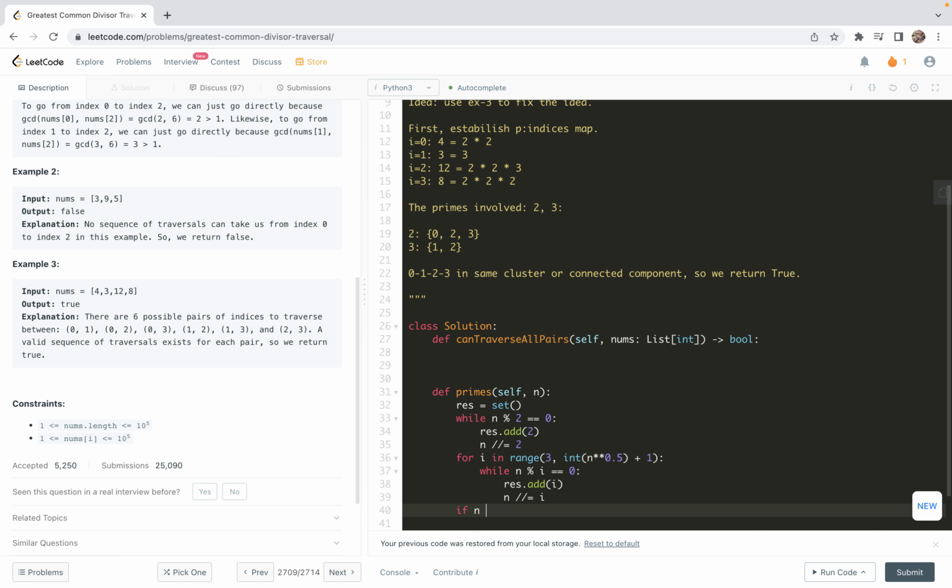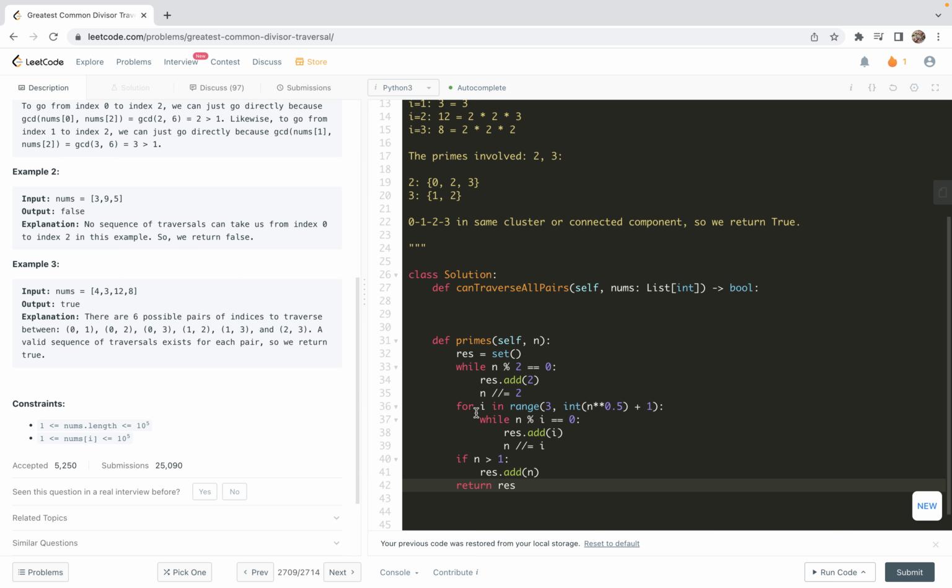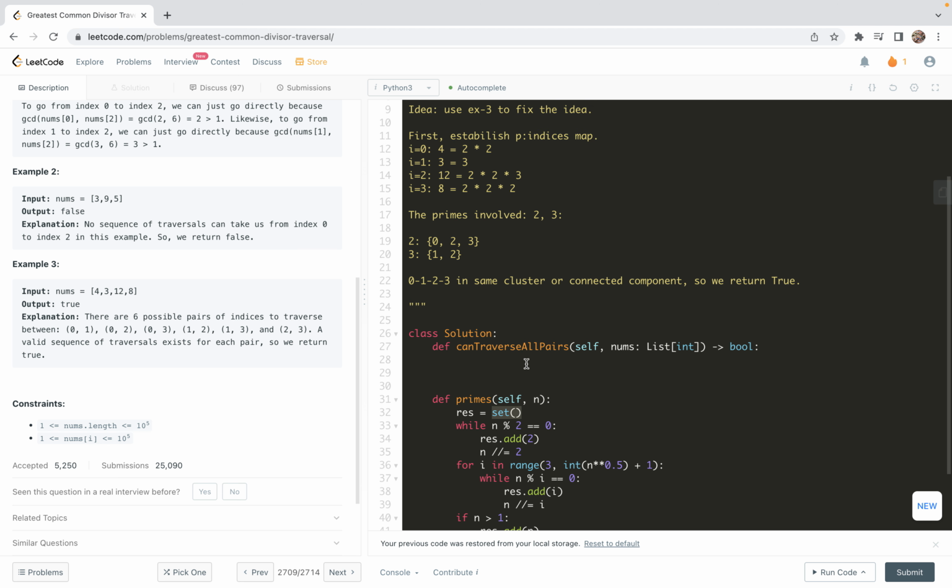So then let's first get factor 2. If n modulo 2 equals 0, right? Then we add 2, and then n divided by 2, right? So this is one case. Next, basically, we are going to check for i in range from 3 to the integer square root of n plus 1, right?